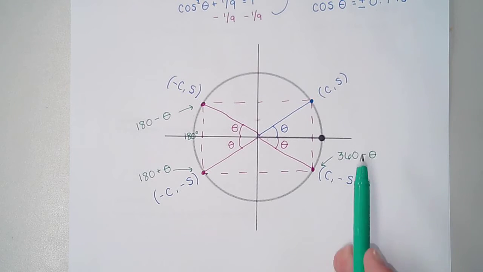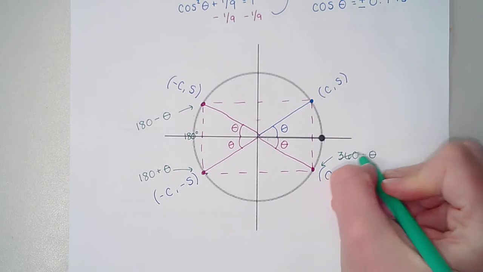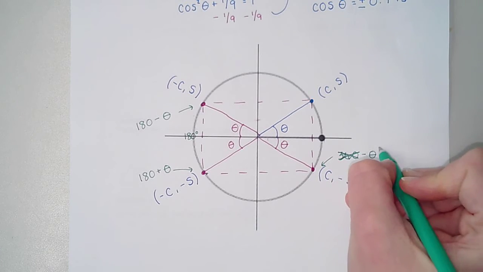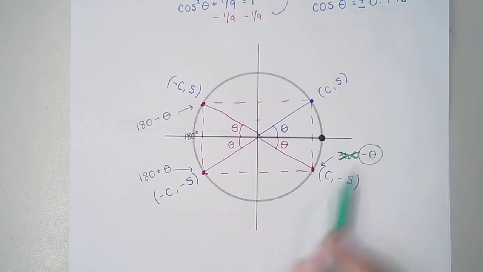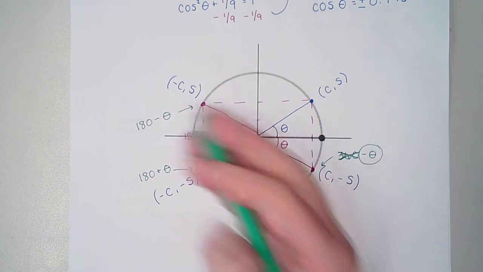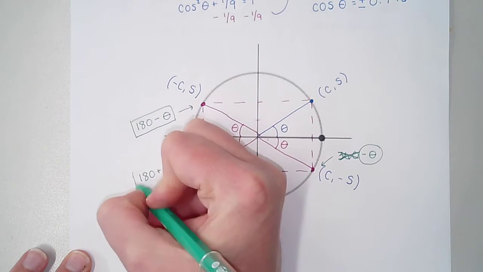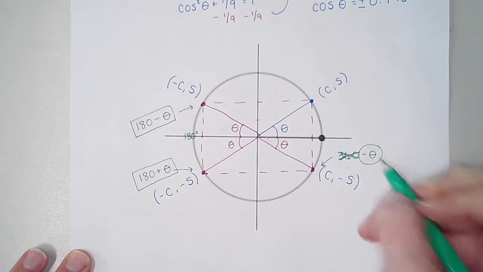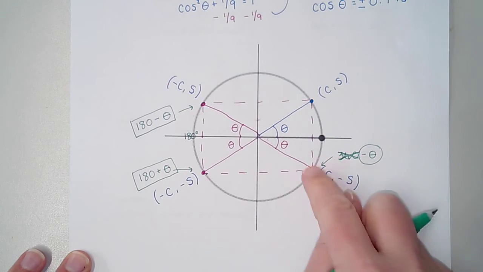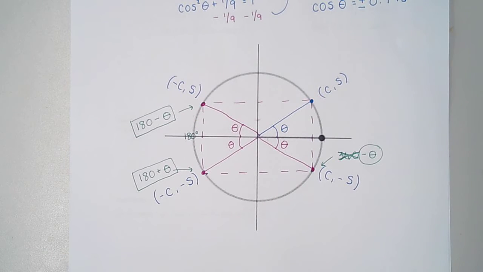But typically what we do is instead of thinking of it as 360 minus theta, we just say this is negative theta, right? This is going backwards by theta, okay? So when I start talking about 180 minus theta and 180 plus theta and negative theta, all I'm talking about are the angles that are related to that original one, okay?